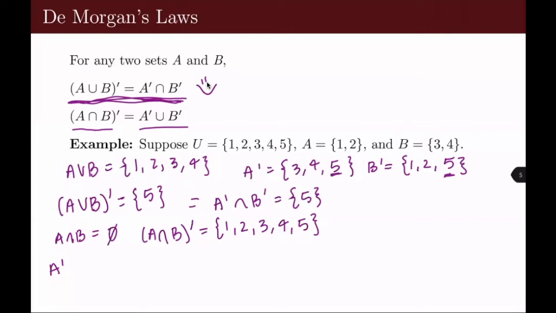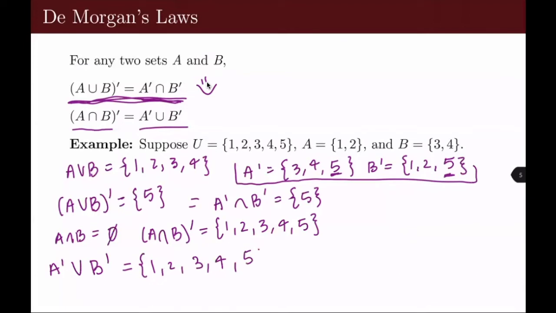So from up here, A complement union B complement is, well, A complement has 3, 4, 5, and B complement has 1, 2, 5. We want the elements in both sets. So that gives us 1, 2, 3, 4, 5. Now we can see that A intersect B complement is equal to A complement union B complement. So we've done that too.